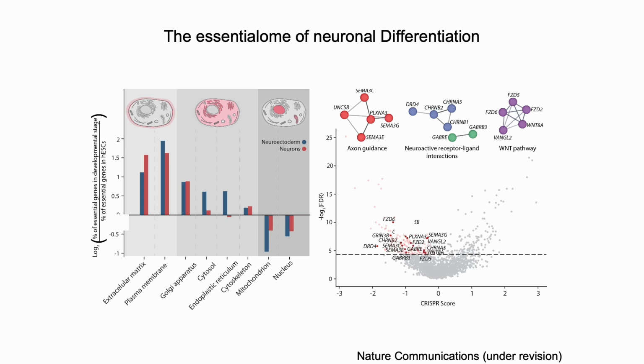So as I showed you with neural progenitor cells, there is a huge component to the outer layer, and the effect is really in the extracellular and the membrane. Clearly, when you compare that to the undifferentiated cells, this is also the case for neurons. And also here, with the caudal neurons, we could show which signal transductions are involved in their differentiation.